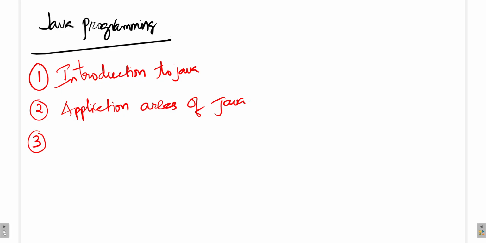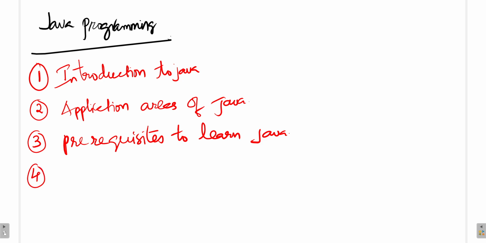The next one is, if you want to learn Java, do we really need some information or knowledge? Should we have some knowledge in the form of prerequisites? We'll talk about the prerequisites to learn Java. And the fourth one is the types of Java available. So these are the four things we'll cover and we'll close the class.